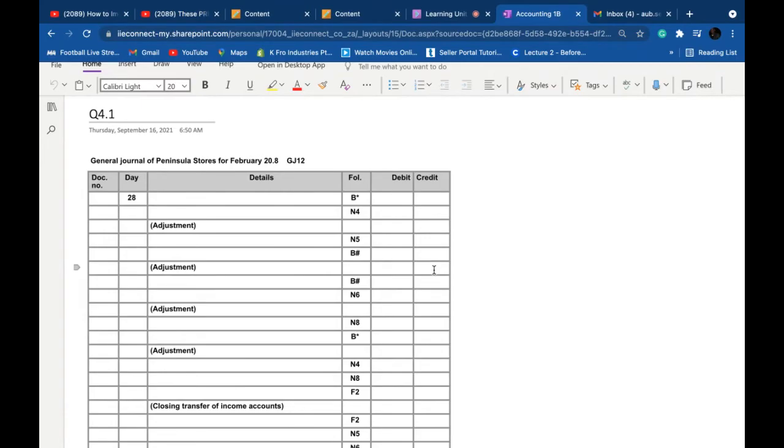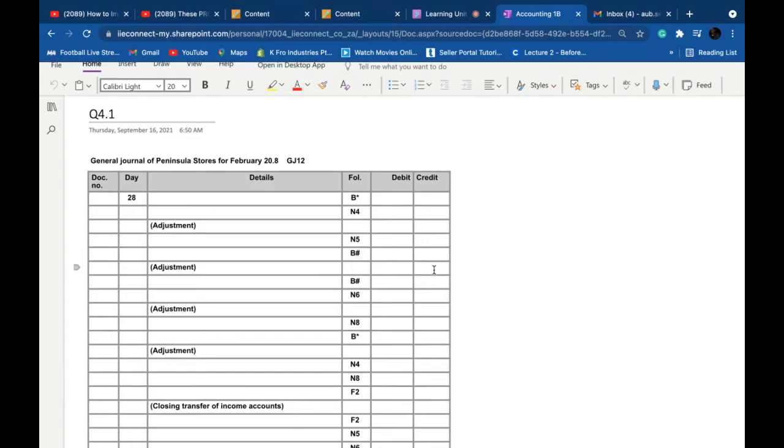Okay, just a recap, maybe for those who might have just forgot. Yesterday, or the day before yesterday, Monday, yes, no, Tuesday actually, sorry. We went through the theory of Learning Unit 4. And Learning Unit 4 is your financial statements, okay? We know that we produce financial statements at year end, okay? But before we can produce financial statements, we need to take care of all the errors, all the adjustments, okay?